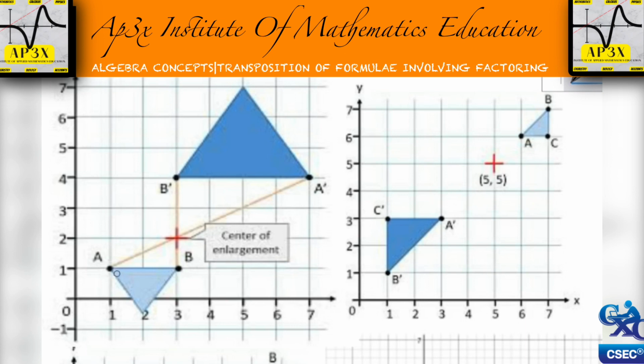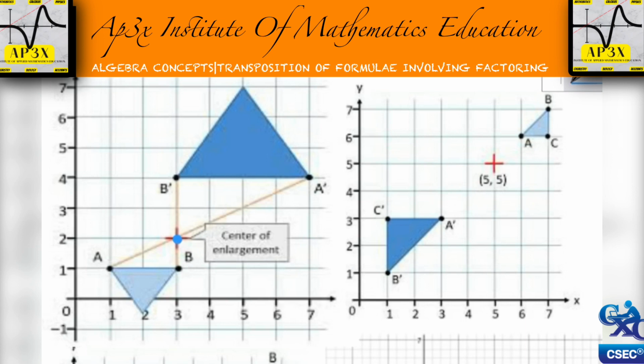Now you'll recognize here that I have 2 straight lines that are drawn from A connecting to the corresponding image point A prime, and then B is connected to B prime, which are 2 corresponding points on the object and the image. And then at the point where these 2 imaginary lines, or these 2 constructed lines, intersect, you're going to find, boom, right here becomes the center of enlargement.